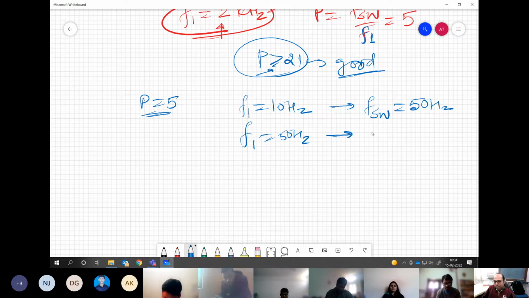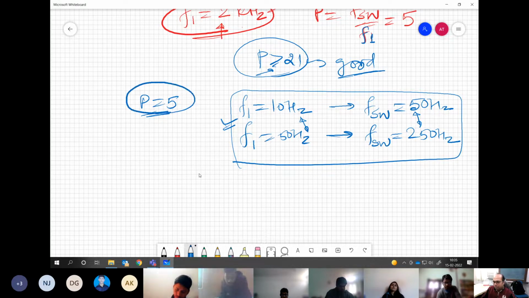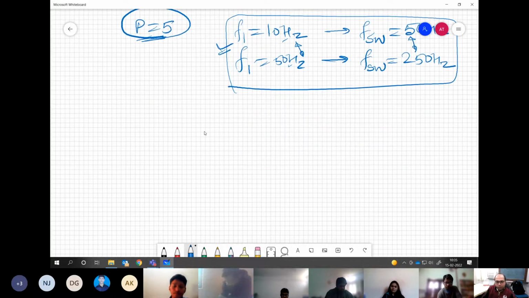How much switching frequency will that person have? 250 Hertz. So this variable nature of frequency automatically comes with the fundamental frequency, which means the nature of PWM is not changing. For this entire operation from 10 Hertz to 50 Hertz, he has an output waveform which may look like this.